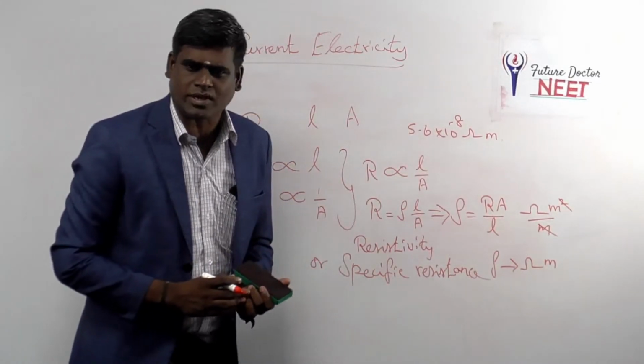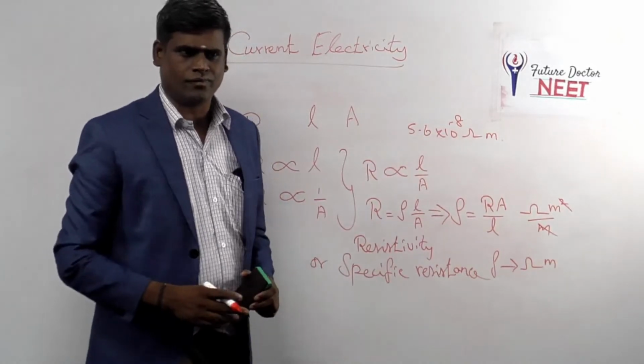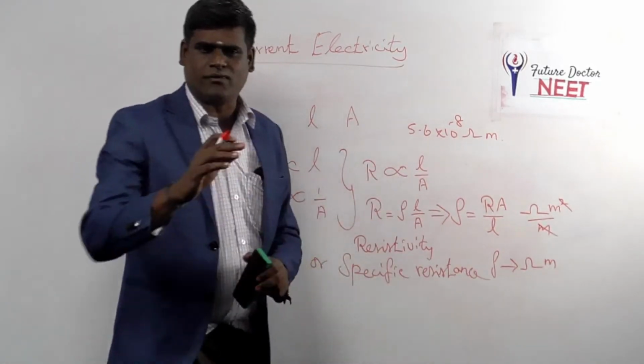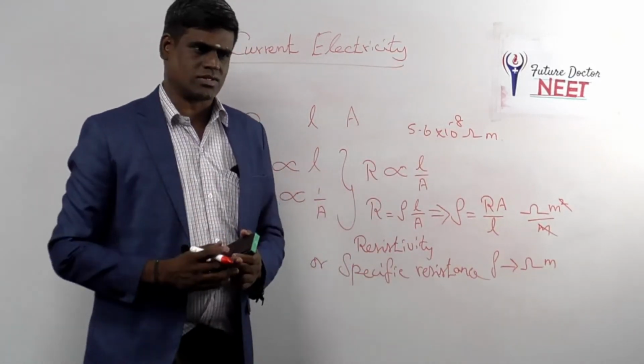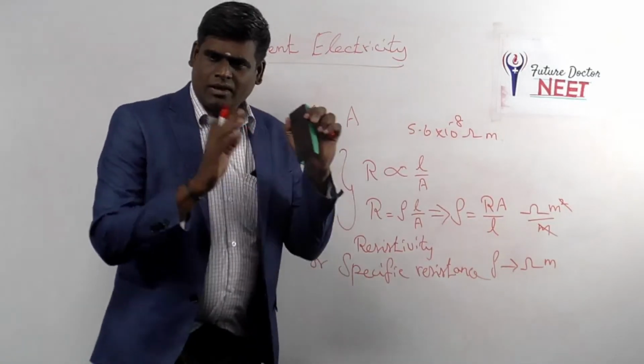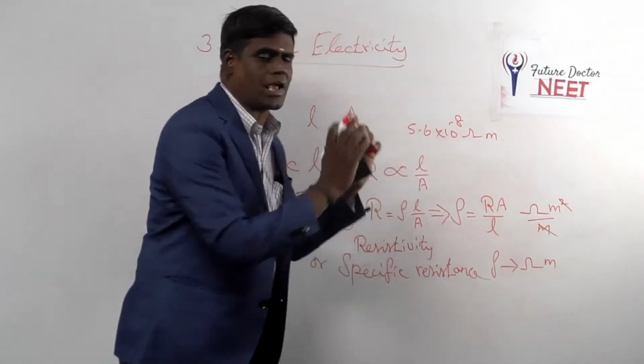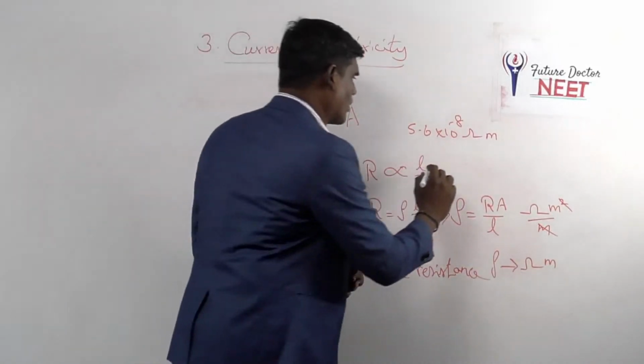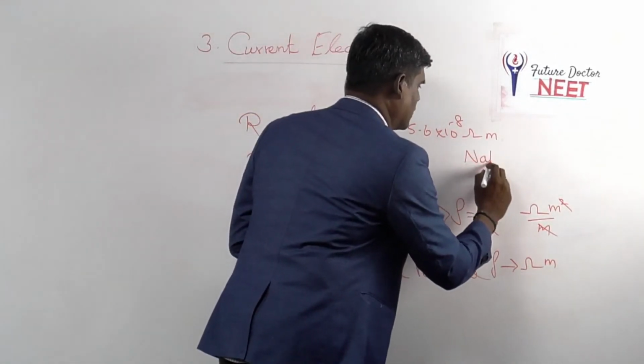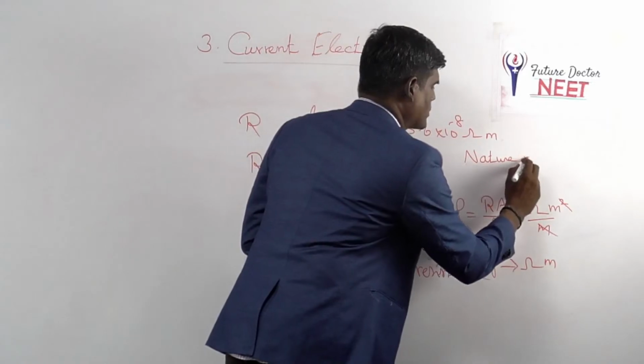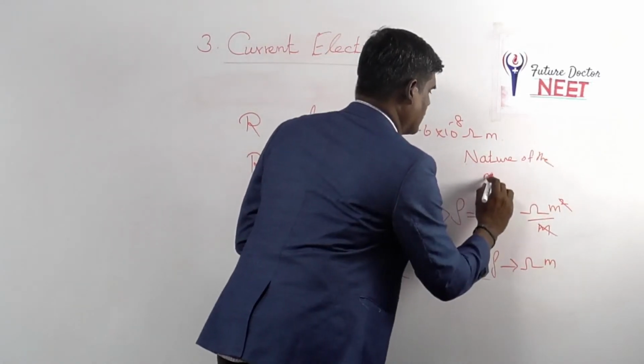Then how can you change? Change the material. Instead of copper, if you use silver, we can get another resistivity. So resistivity depends upon the type of the material, that is what we call the nature of the material.